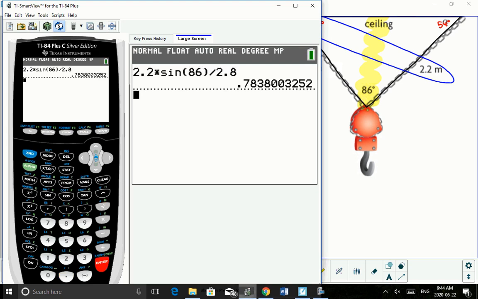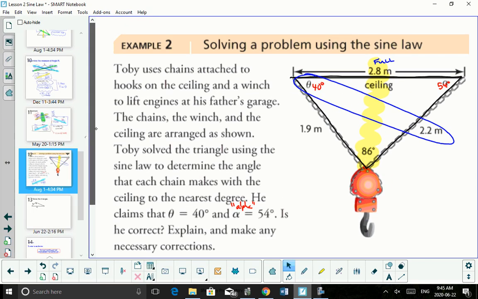I should get out a 0 point number, which I do, 0.783. Now because I'm looking for the angle, I go second sine, and then I take that answer. Hit enter, and I get out 51.6. Oh, Toby made a mistake. So it's actually 51.6 or 52 degrees.